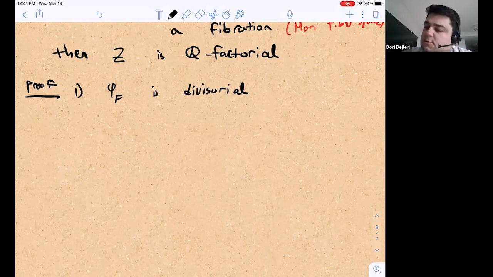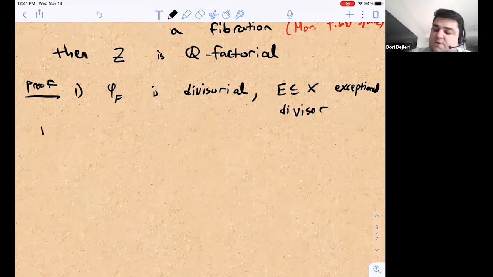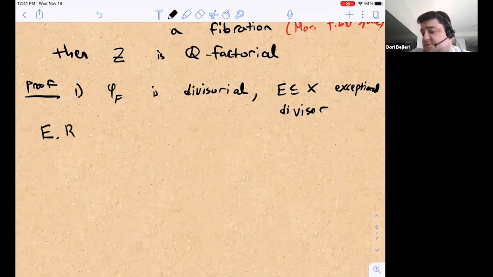Okay, so let's say it's divisorial, and then let's say E is the exceptional divisor. Then, well, we know that by the negativity lemma, because E is an exceptional divisor of a birational map, we know that E dot R is less than 0, where R is our ray.